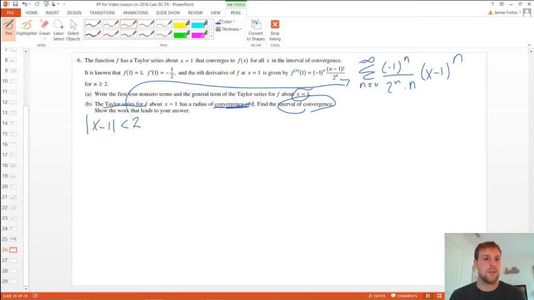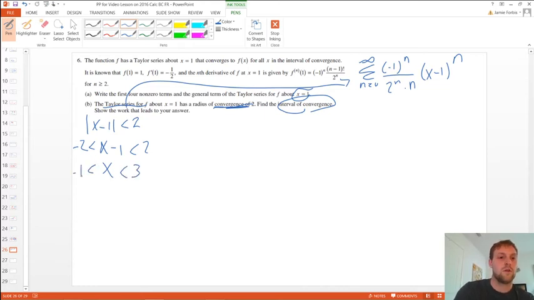That's the answer, really. So x minus 1 is between negative 2 and 2. If I add 1 to both sides, that's between negative 1 and 3. So that's my interval of convergence, with 1 being the center and the radius from 1 being 2.